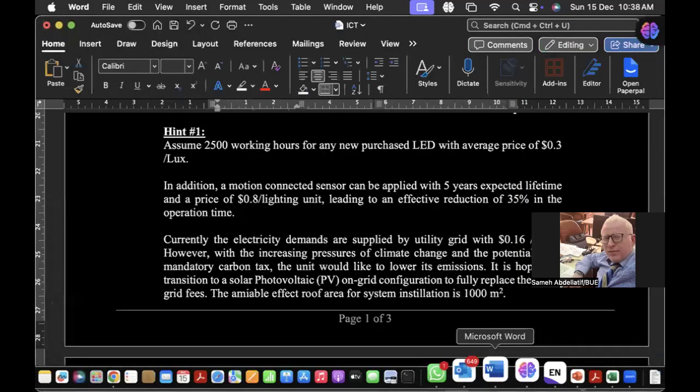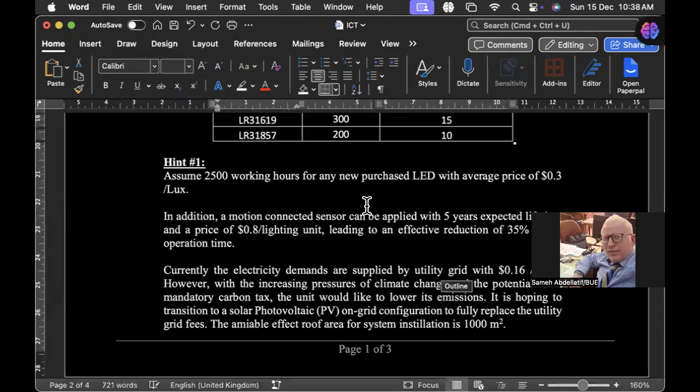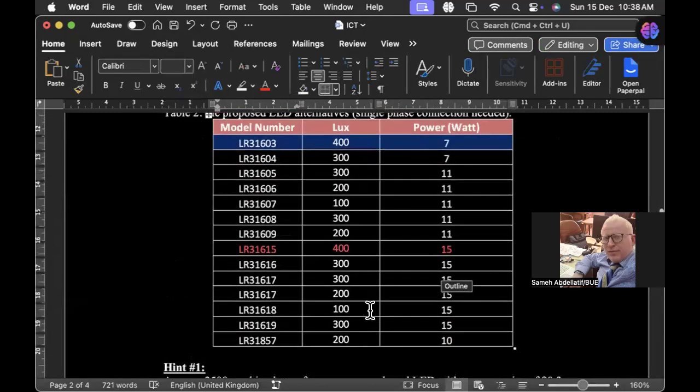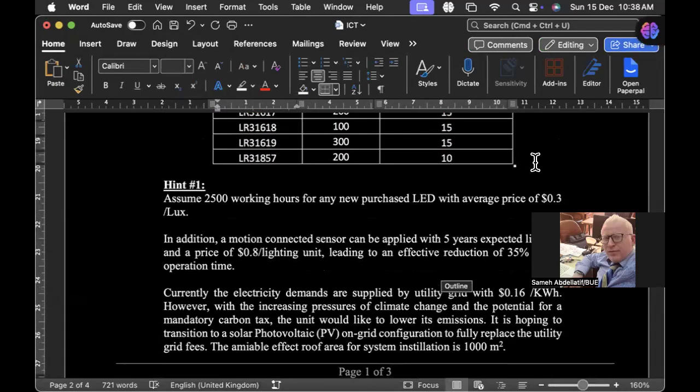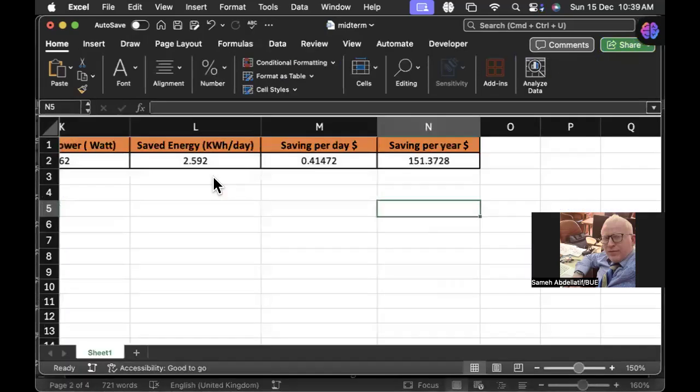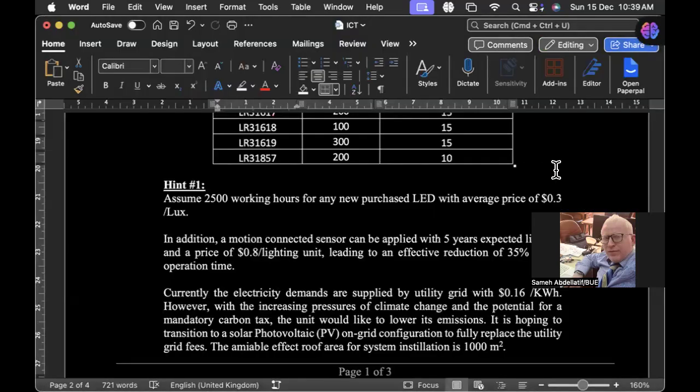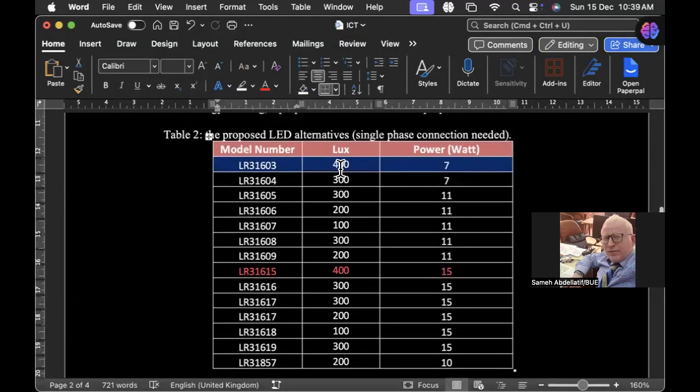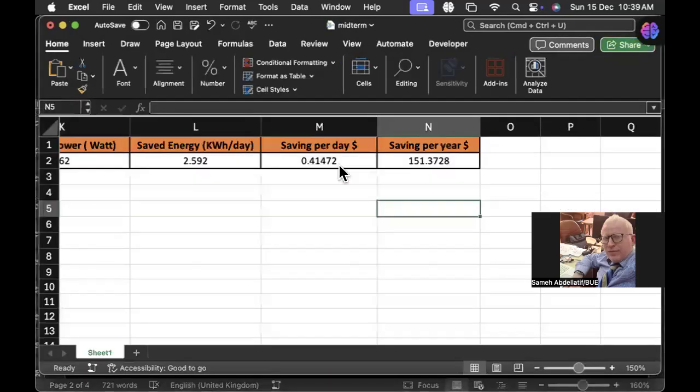So back to our sheet, if you choose any of these alternatives in this table, each lighting source will cost $0.3 per lux, considering that the lifetime of these new LEDs is 2,500 working hours. So now the price of this lighting source is $0.3 per lux, and we have a 400 lux system. So you can calculate now the total price.